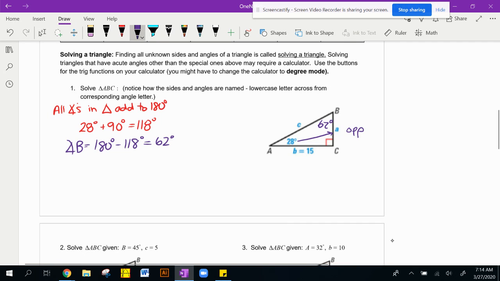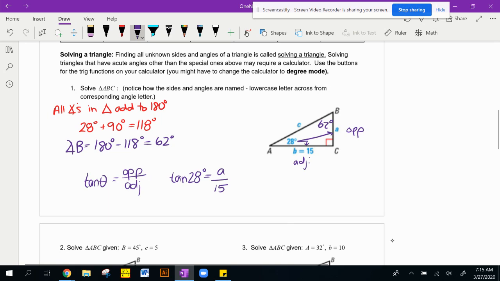We also have side B here, which for 28 is the adjacent side. So we want to use a trig function involving opposite and adjacent, and if we remember, that would be our tangent of some angle. So my angle is going to be 28 degrees. The opposite side is what we're looking for, and the adjacent side is 15.